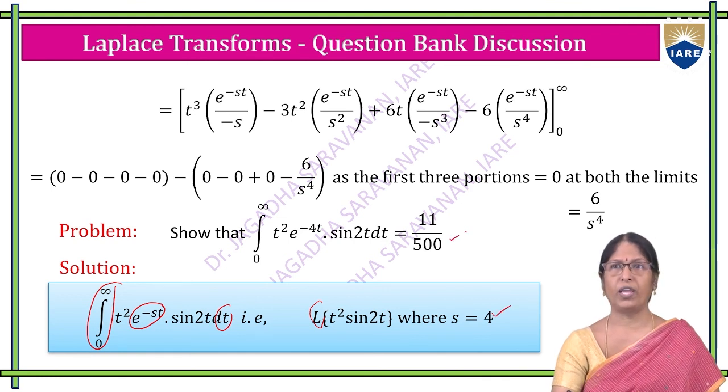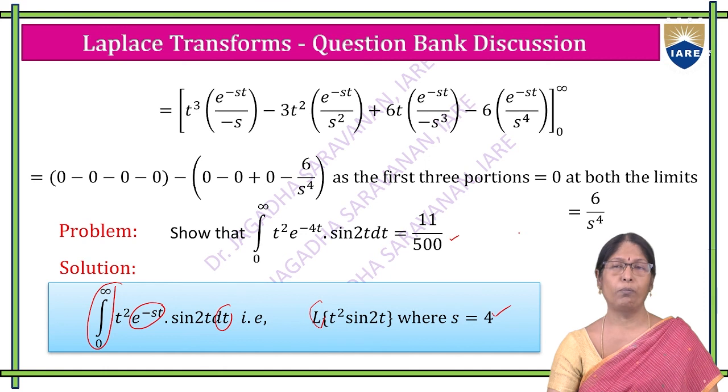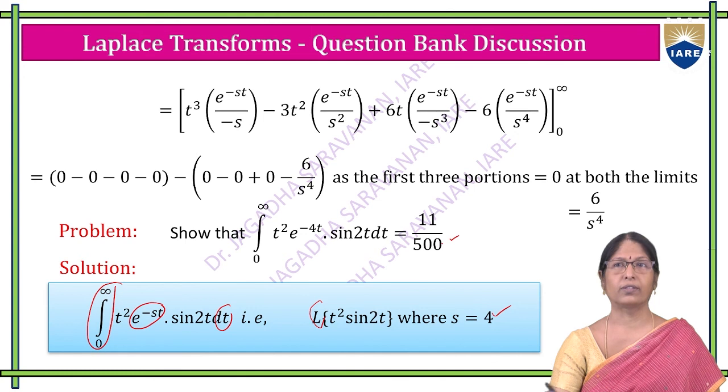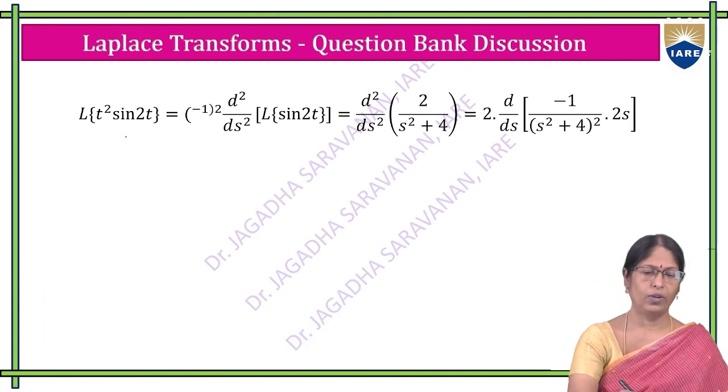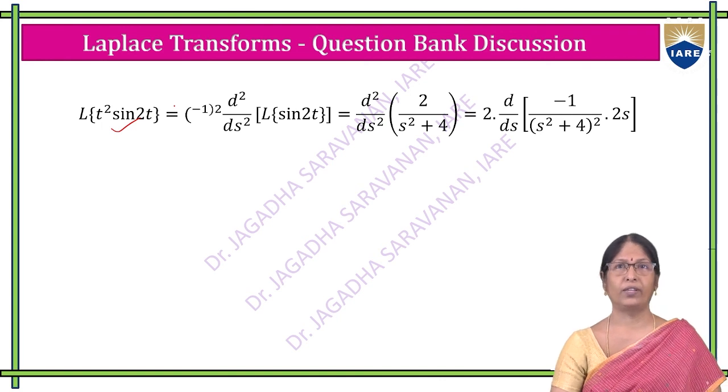It's a very, very important problem to understand Laplace transform applications. We have defined the formula and how to apply it in a correct way. This is the best problem. So now, first we are finding t squared sine 2t.